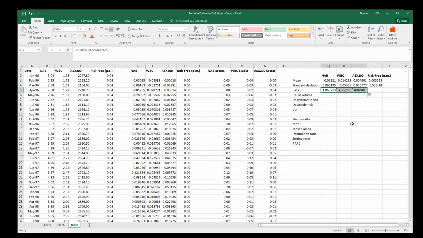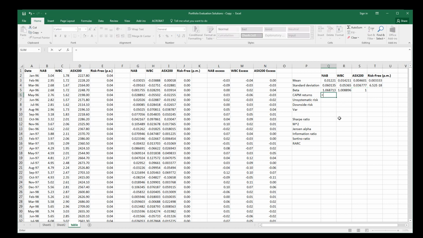And if we scroll, we need to fix this column because the market return remains the same for the other two. So now we get the beta for Westpac Bank and also the market, and you can see that beta for the market portfolio is 1. That's expected because the market portfolio is considered to be the average risk portfolio with a beta of 1.